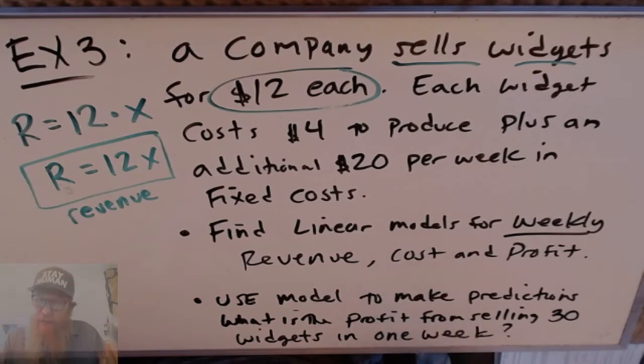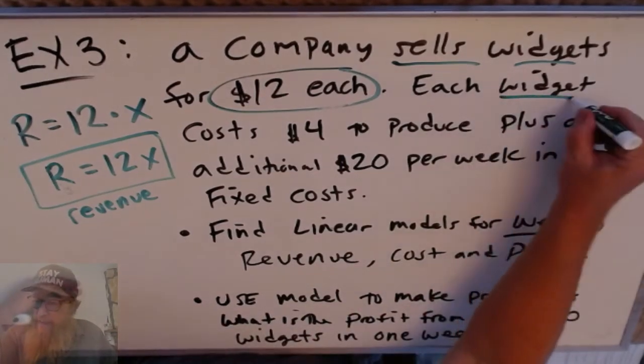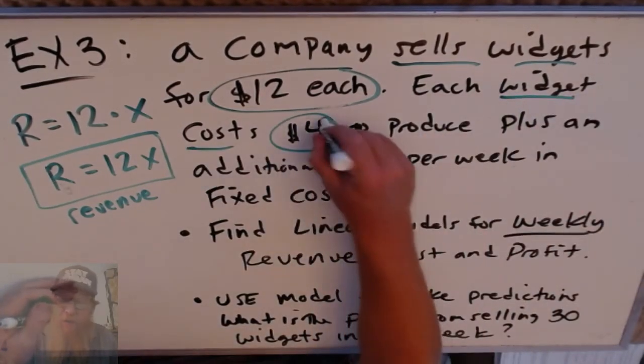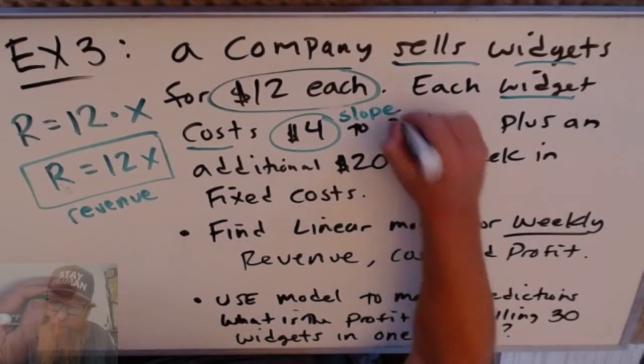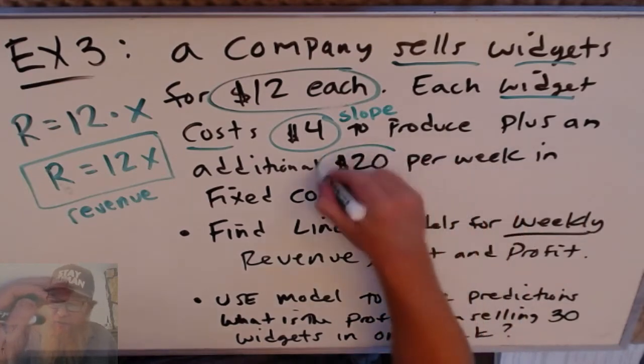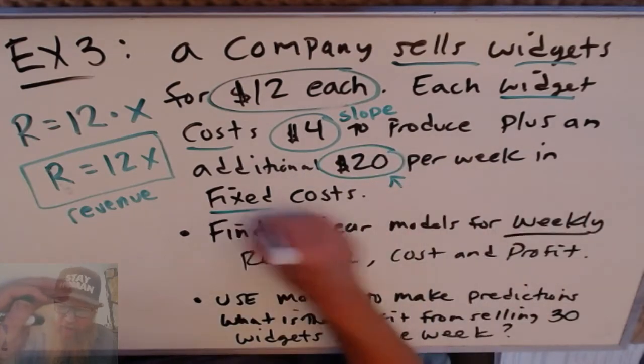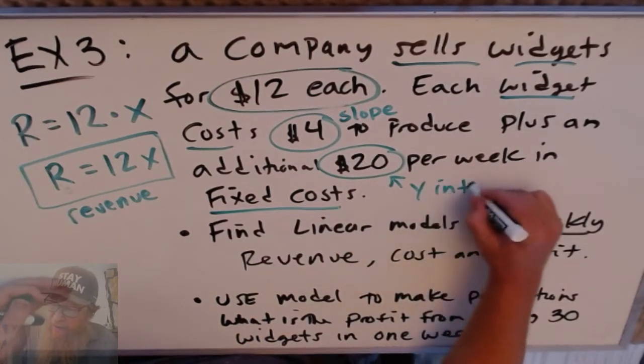Okay. For the cost function, it's a little bit more because the widgets cost you $4 to make. So that's your slope. Plus an additional $20 in fixed costs, that's your y-intercept.